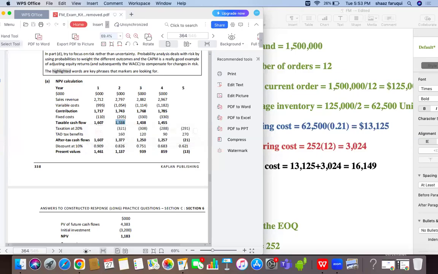Second year's tax you pay in the third year. Third year's tax you pay in the fourth year, and fourth year's tax you pay in the fifth year. And that's why it is shown 1 year later. I hope everybody is understanding this.